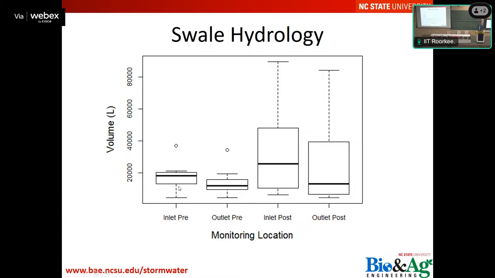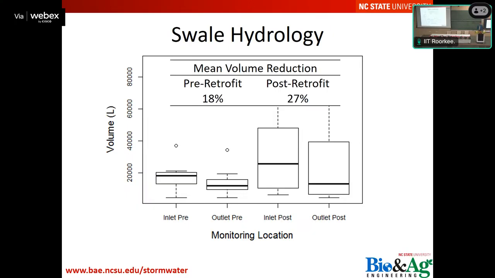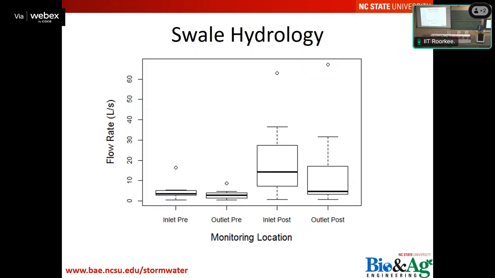But even with the small sample size, the big sample size, you can see that once we added the check dams, there was what appeared to be some additional benefit in volume mitigation. That means more water went into the ground. It was not significant.